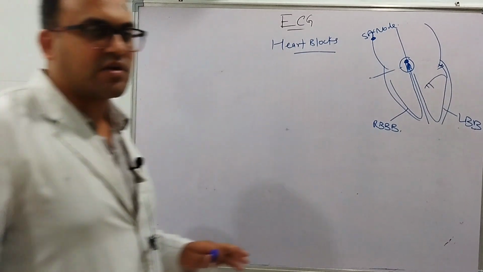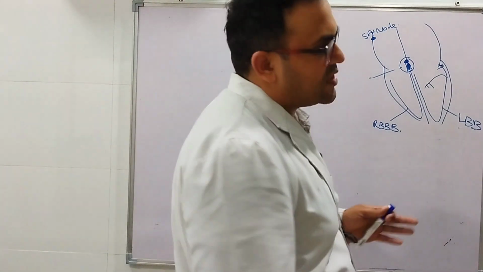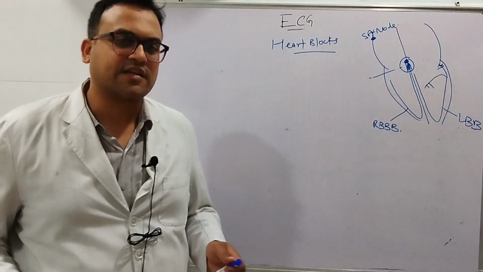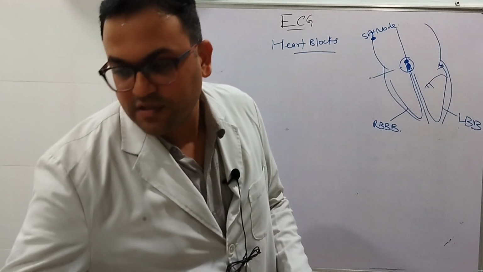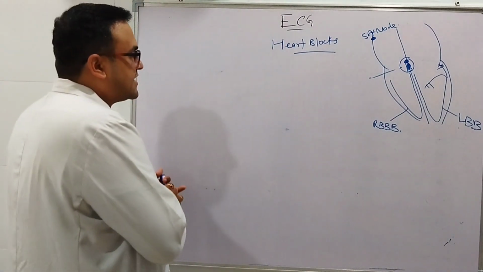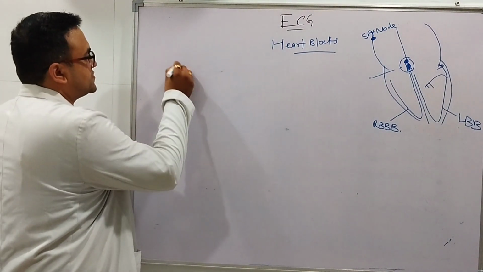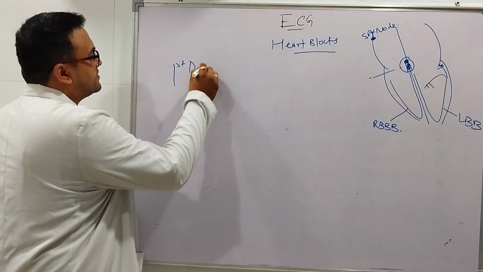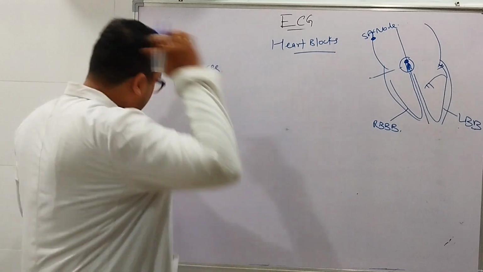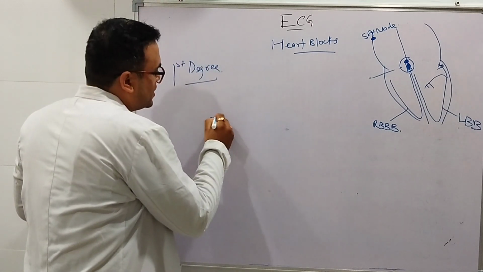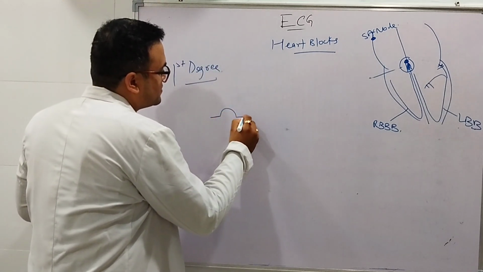SA nodal exit block, again at the undergraduate level, is not so important. So we will go directly to the AV nodal blocks, starting with first degree AV nodal block. In first degree block, the PR interval is prolonged.